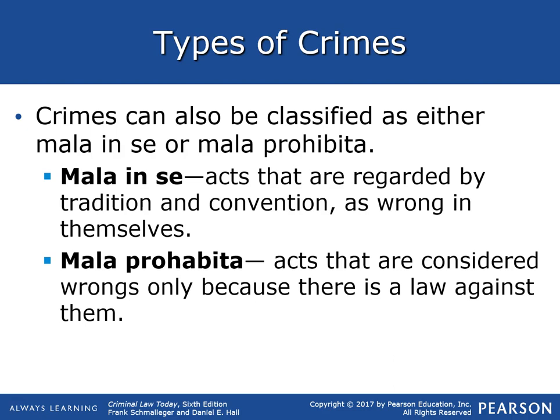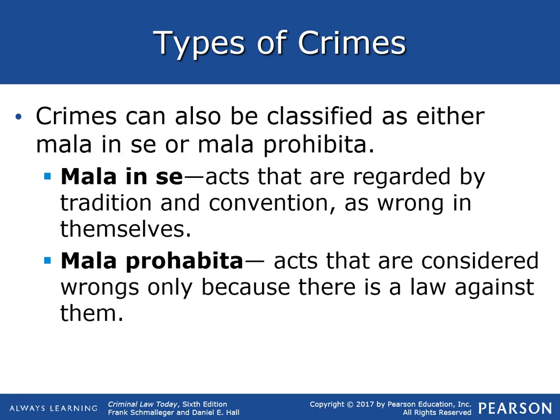Mala in se crimes include things like murder, rape, and other serious offenses. They're almost universally condemned and probably would be so even if there were no laws against those behaviors. If they weren't specified in criminal law, those types of crimes would still be ones that people would understand are wrong in themselves.